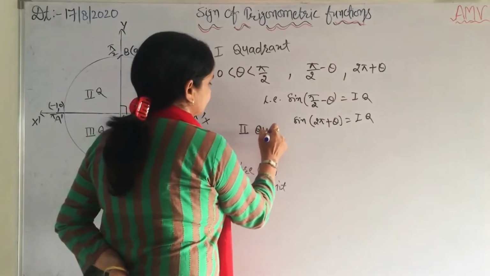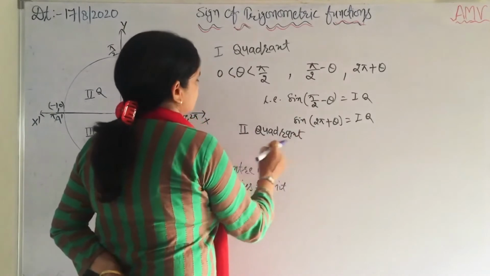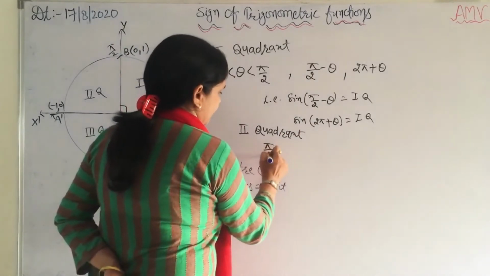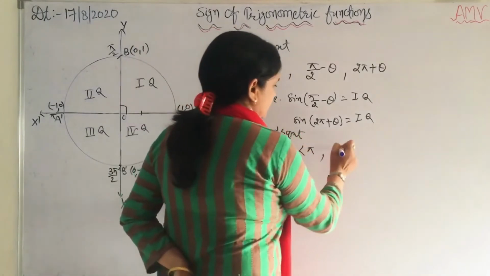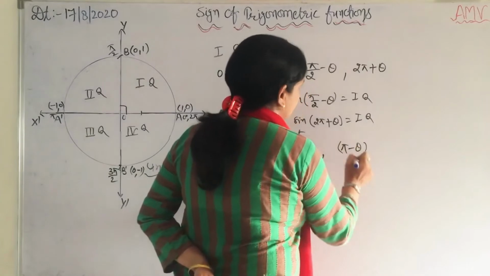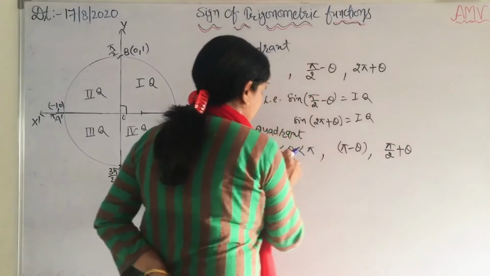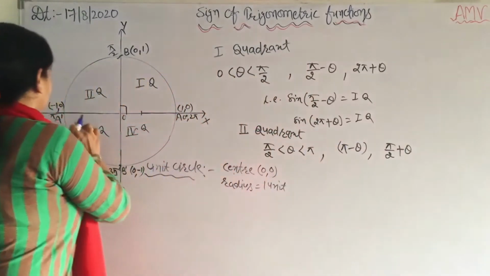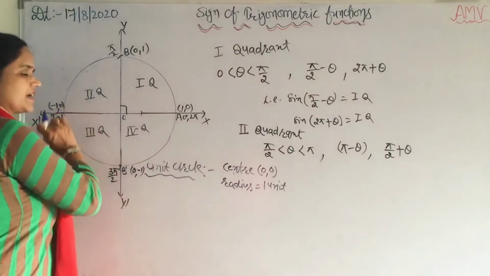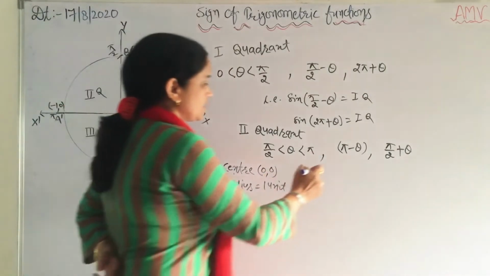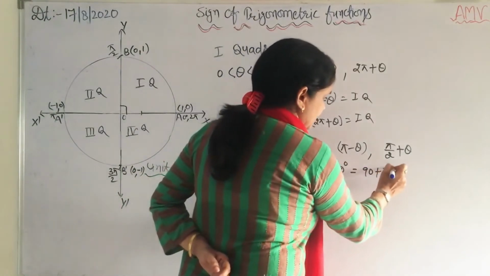The second quadrant is from pi by 2 to pi. It means pi minus theta, or pi by 2 plus theta, is also the second quadrant. It means, students, if the angle is 120 degrees, then it is in the second quadrant, since 120 degrees means 90 plus 30 degrees.